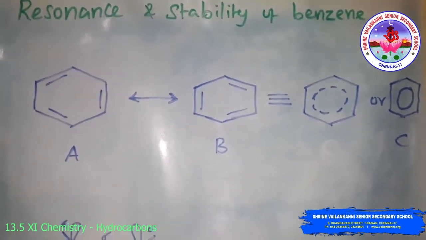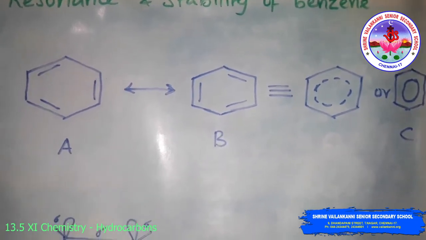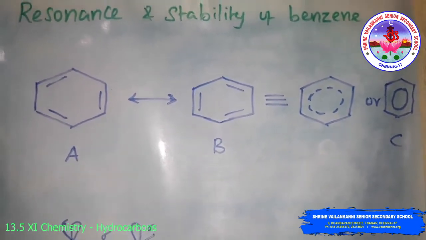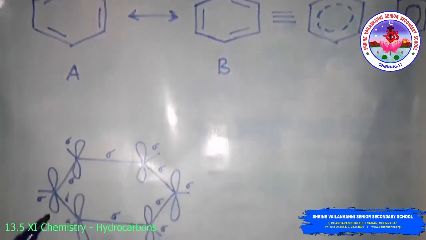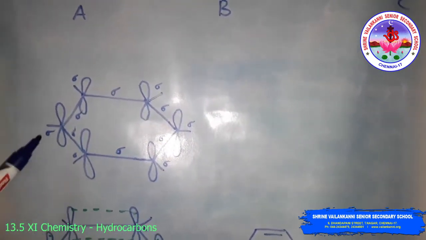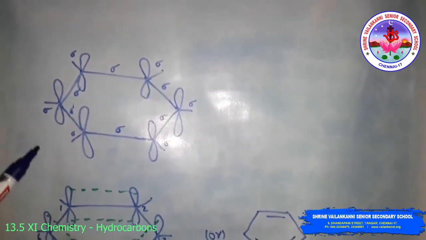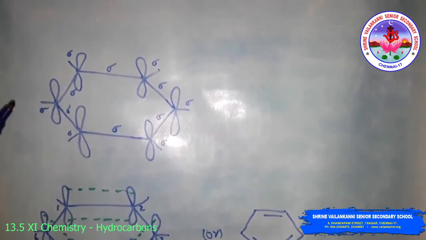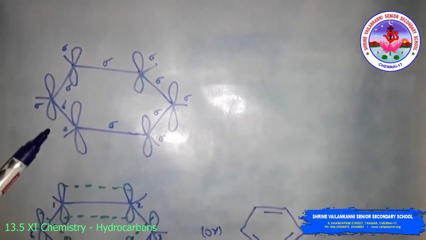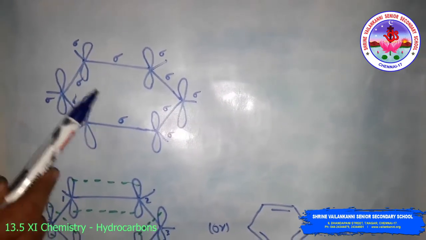Okay. Then the orbital overlapping gives a better picture about the structure of benzene. All 6 carbon atoms in benzene are sp2 hybridized, and 2 sp2 hybrid orbitals of each carbon atom overlap with the sp2 hybrid orbitals of the adjacent carbon atoms to form 6 carbon-carbon sigma bonds, which are in the hexagonal plane.